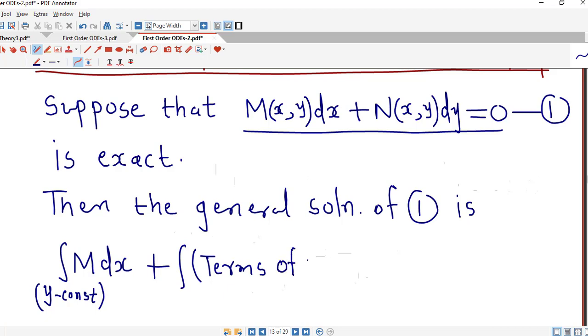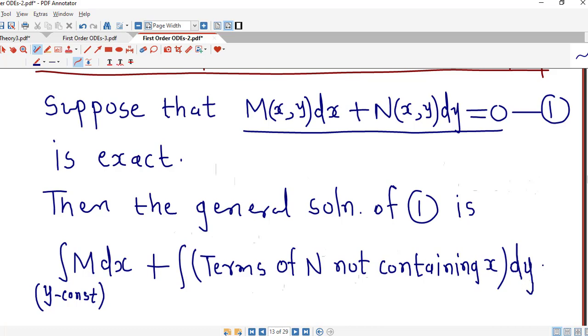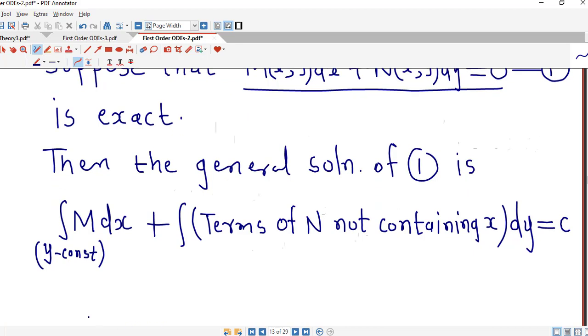So we write terms of capital N not containing x. Whatever quantity we have in this bracket will be a function of y, and we integrate that function with respect to y, equal to the constant of integration c, where c is an arbitrary constant.